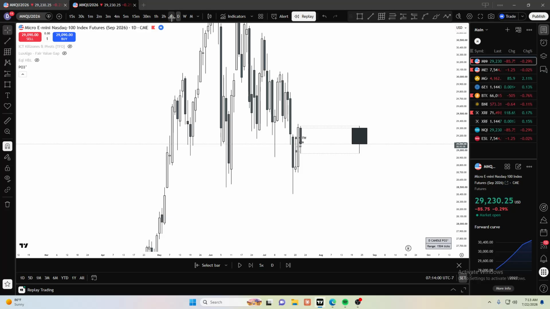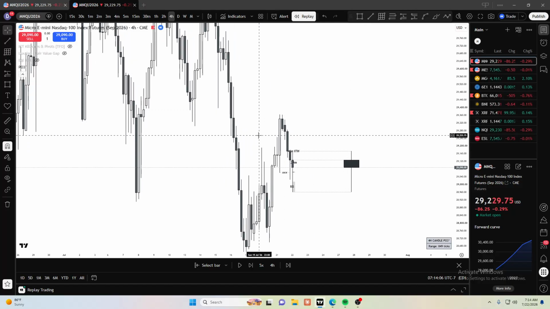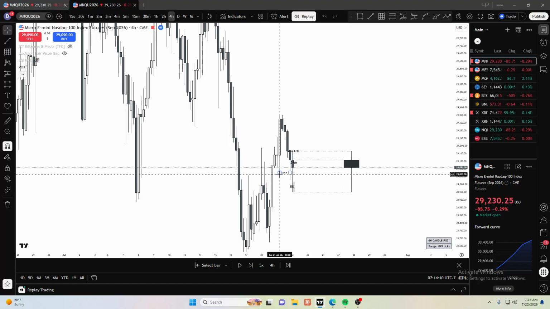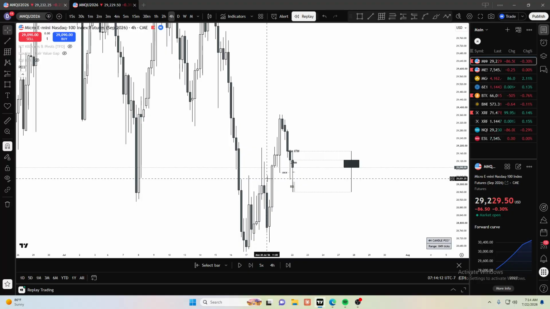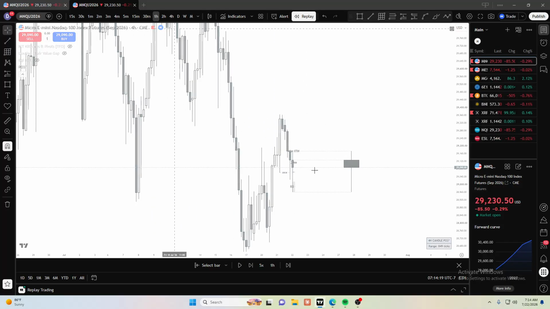Off of this low, we scale down to the 4 hour. What do we see here? We're inside this daily gap up here, came down, and then we took out this 4 hour aligned with the intermediate low inside of it. And what did we get off of that? We delivered higher.